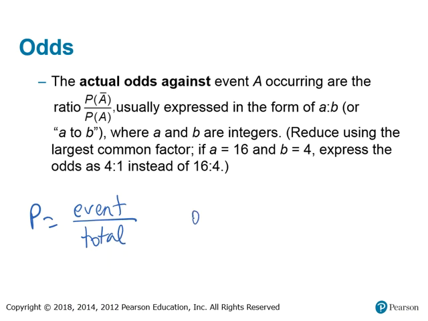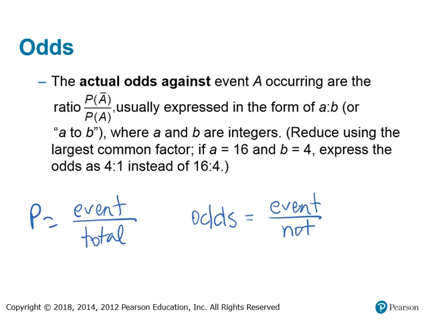That is different than odds, because as it's mentioned here, you have odds against and odds for, but when you're dealing with odds, what you want is what you're looking for over what's not what you're looking for, its complement. So you can see that you'd have to actually add the two together with odds to get the total.